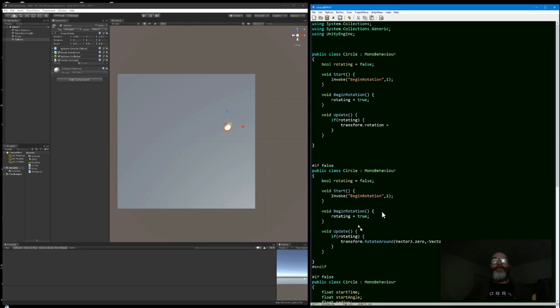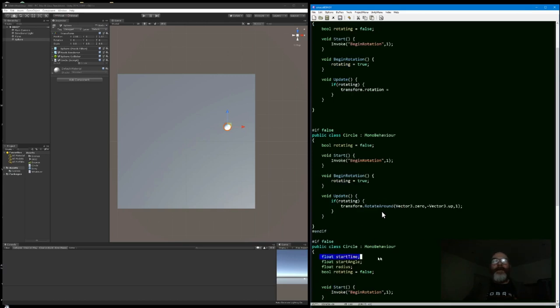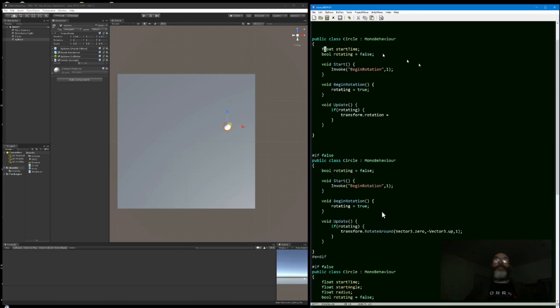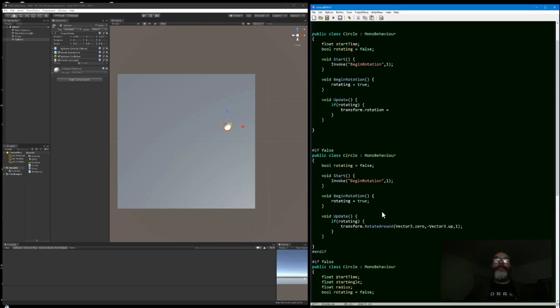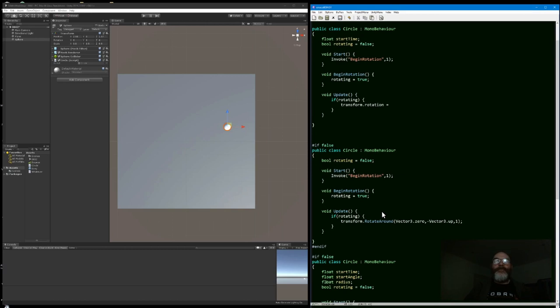Well, if I follow the same pattern that I had down here, I want a start time. Right. And then, do I need a radius? I actually don't, because the radius is held. Well, yeah, interesting. Do I need a radius?